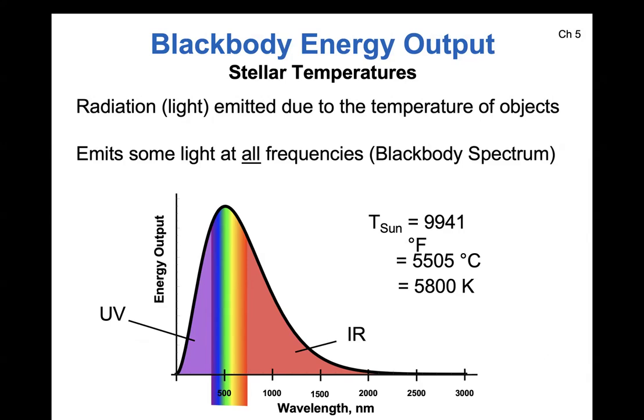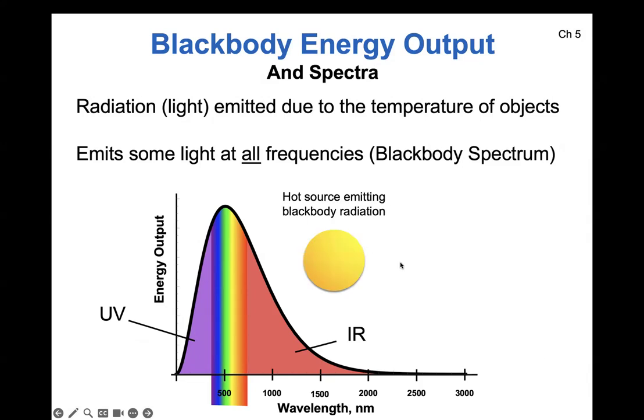So we see its glowing surface. It is a black body. The light it produces is a black body spectrum. It has that curve shape to it, and it has both UV and infrared portions as well, but peaks in the visible. All right. A hot source emitting black body radiation. That's definitely what the sun represents.